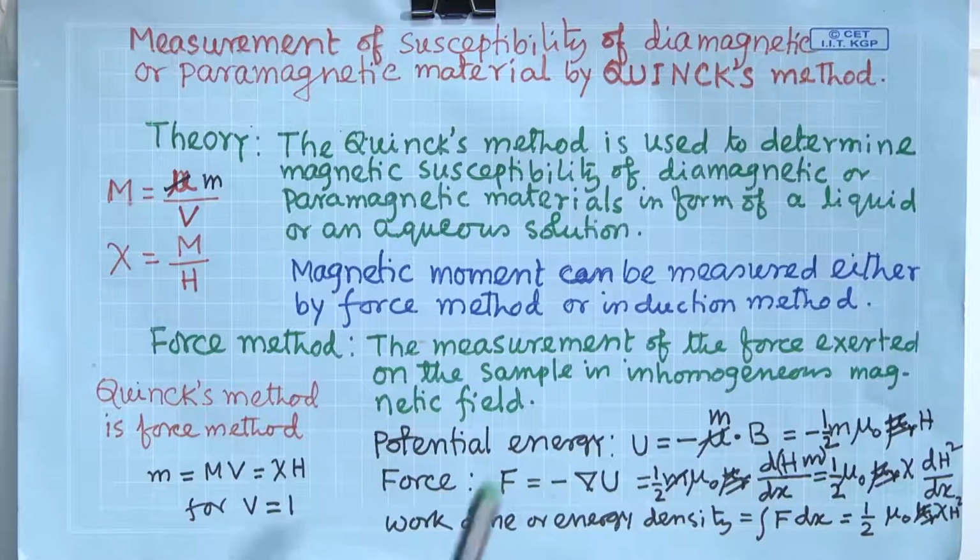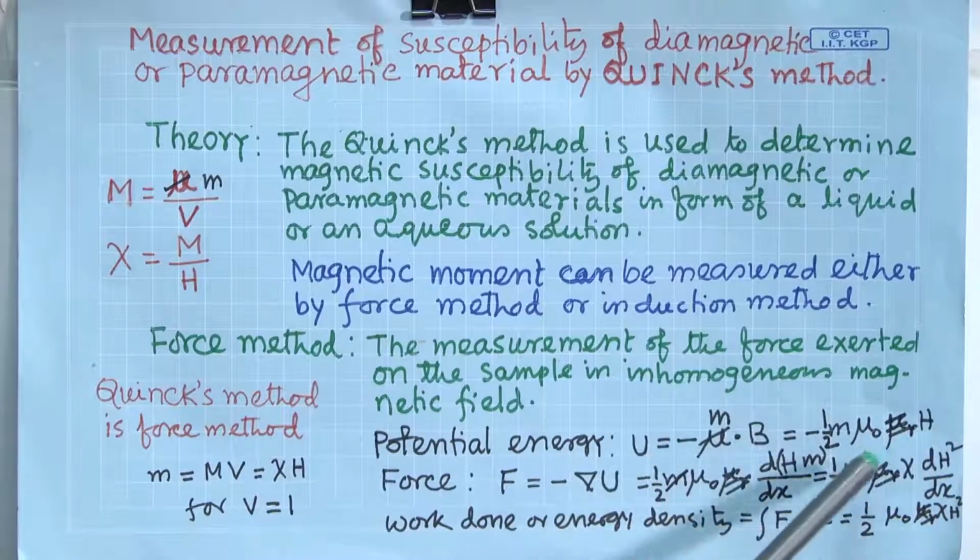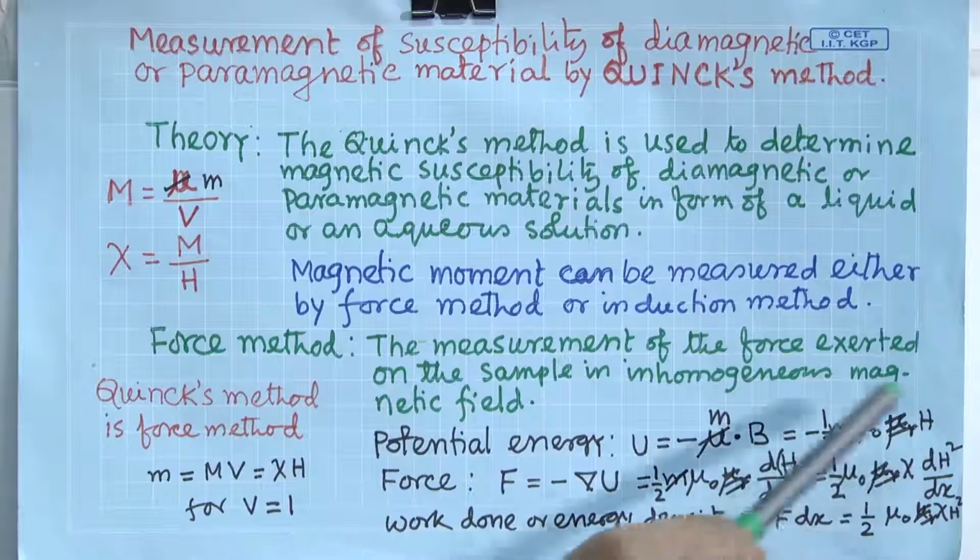Okay. So, now potential energy, if this force is defined as minus grad u. Grad is basically d by dx, I can write for one dimension. So, d by dx, and then this u term is this, where m and h are there.